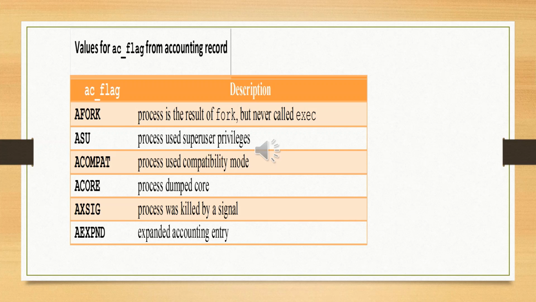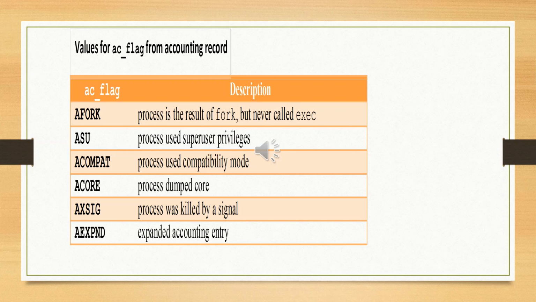ASU is another flag, meaning the process used superuser privileges. ACOMPAT means the process used compatibility mode. ACORE means the process dumped core.